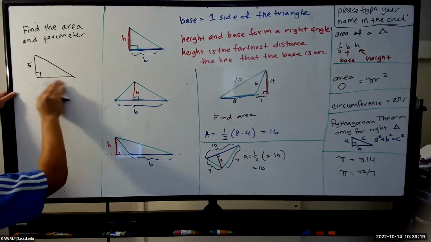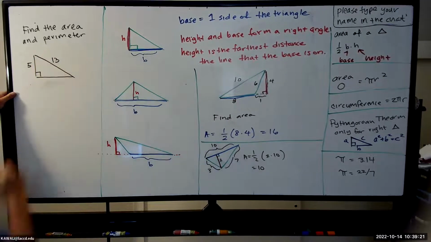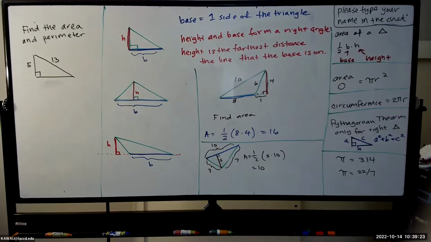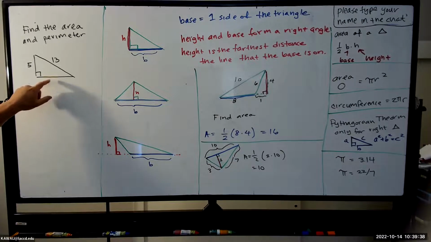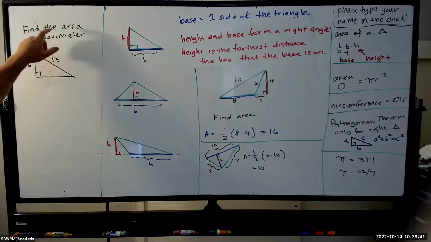They're not asking you for X. They're asking you for the area and perimeter. But in order to find the area and perimeter, you need to find the length of this right here. So go ahead and use the Pythagorean theorem to find this length, and then go ahead and find the area and perimeter.